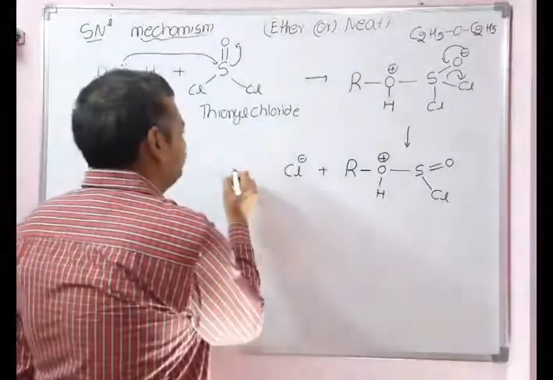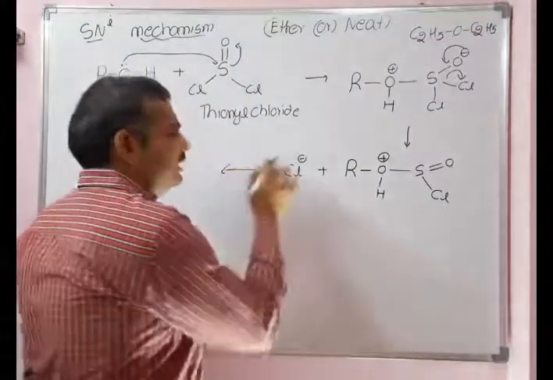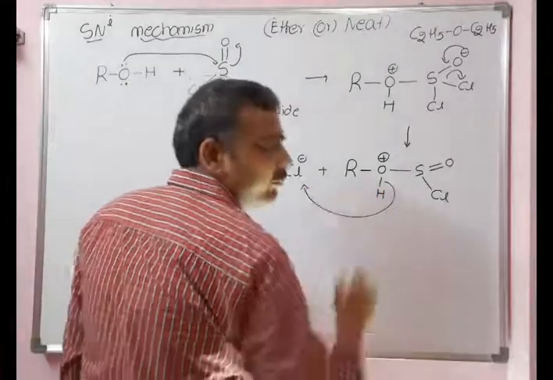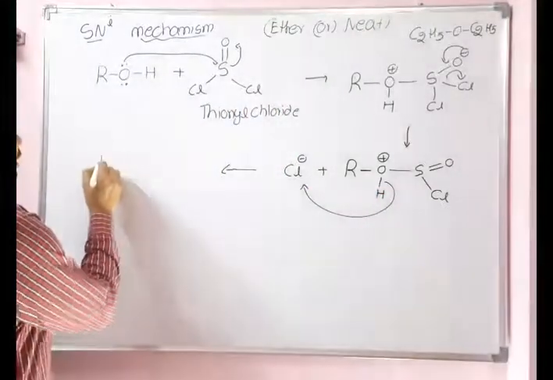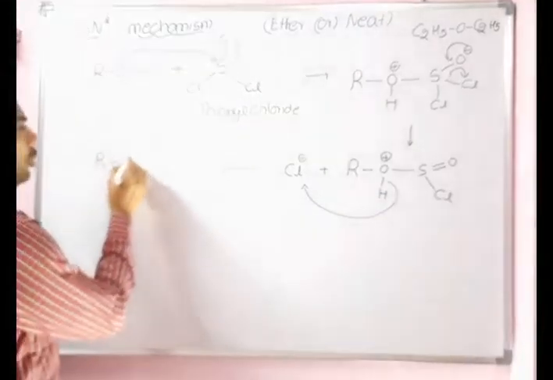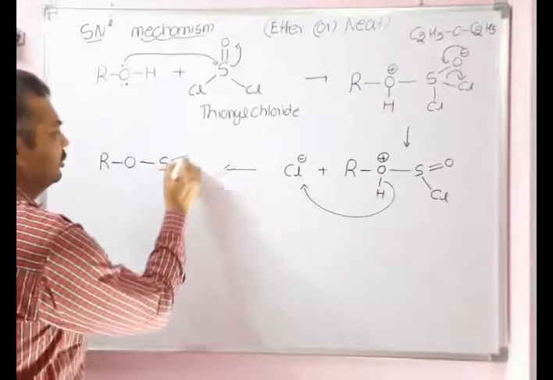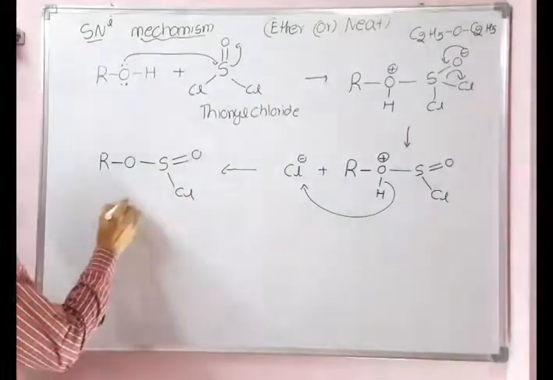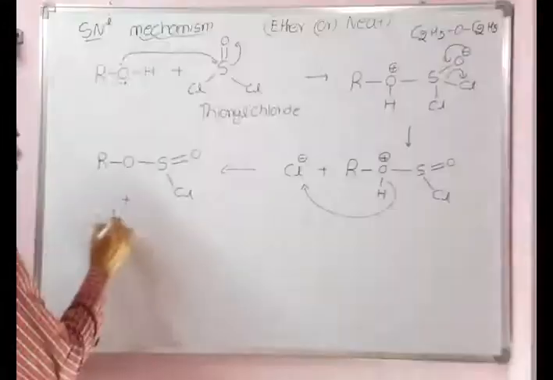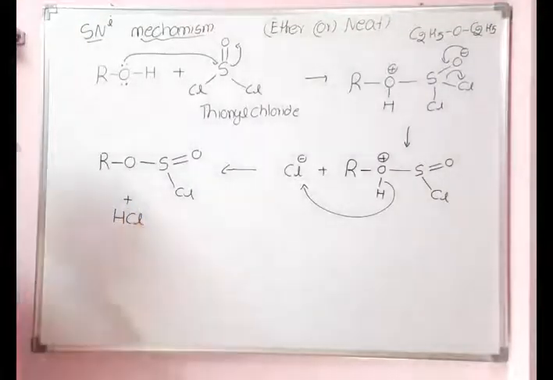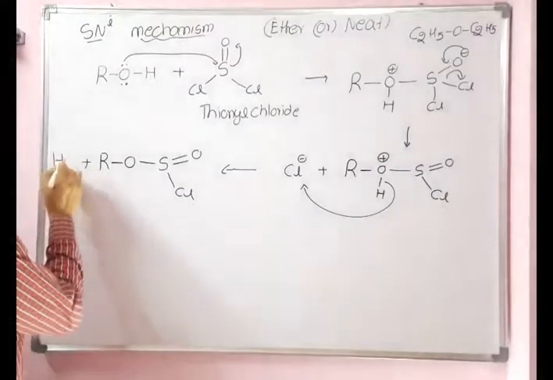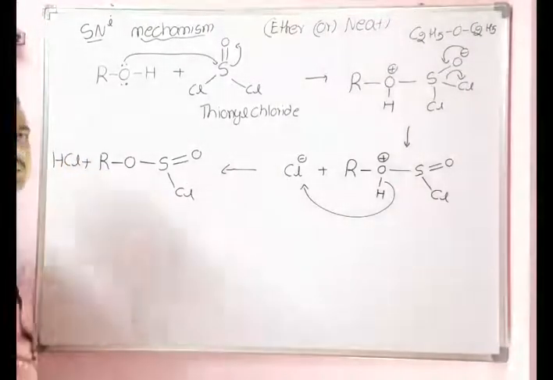This Cl minus acts as a base that will abstract a proton. As a result, R-O-S(=O)-Cl plus hydrochloric acid is formed in this reaction. See, hydrochloric acid is formed from the reaction.